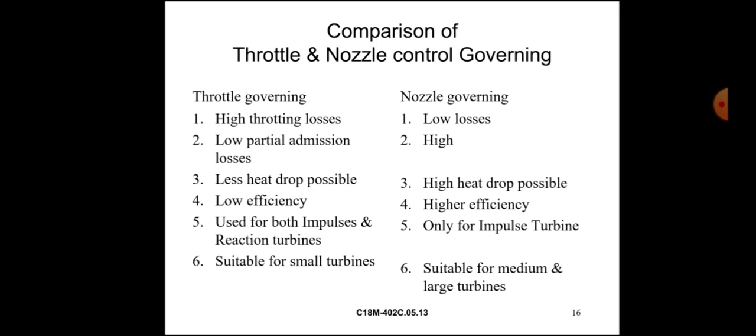Throttle governing is used for both impulse and reaction turbines. Nozzle governing is only for impulse turbines. Throttle governing is suitable for small turbines. Nozzle governing is suitable for medium and large turbines. These are the comparisons of throttle and nozzle control governing.